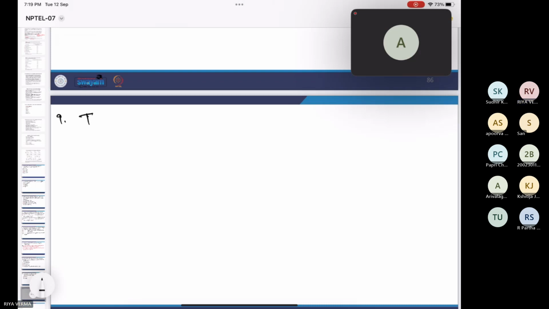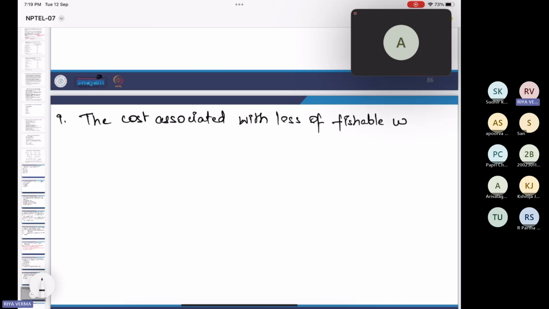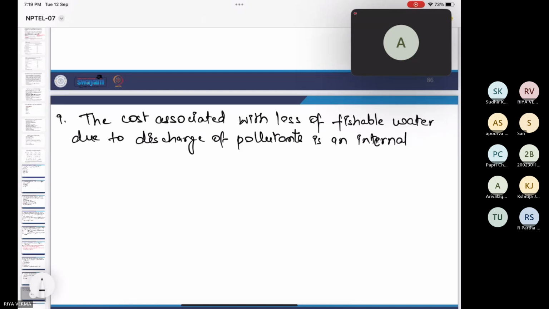Ninth question. The statement is, the cost associated with loss of fishable water due to the discharge of pollutants is an internal cost.